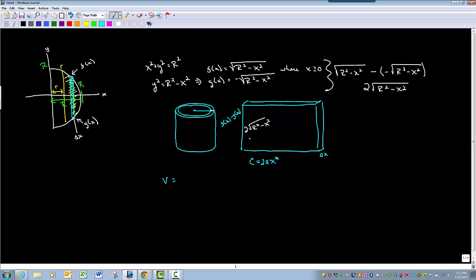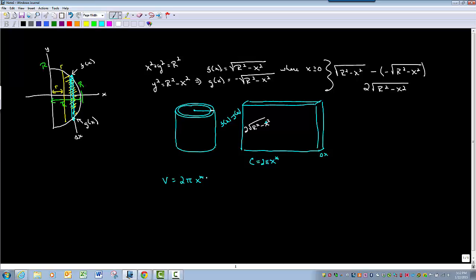Okay, so what's that going to be? Well, that's going to be 2 times pi times x star. Now this right here is also x star because that's how far over we came. So that's this and this, how far over we came.